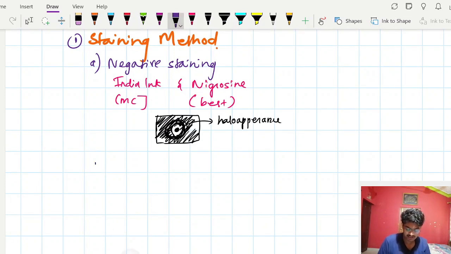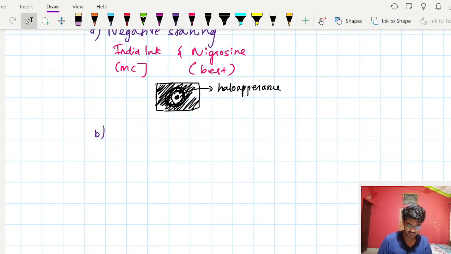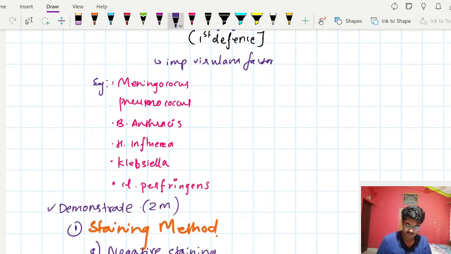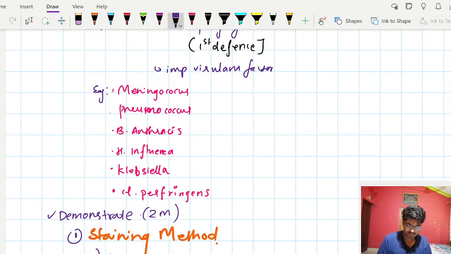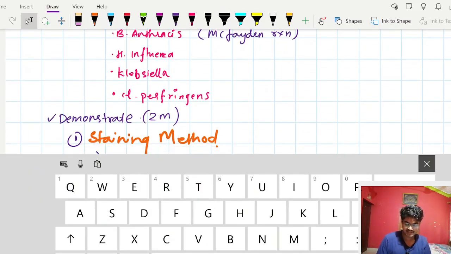Then the next staining technique to demonstrate our capsule is the McFadyean reaction. McFadyean reaction is specific to the capsule of Bacillus anthracis.